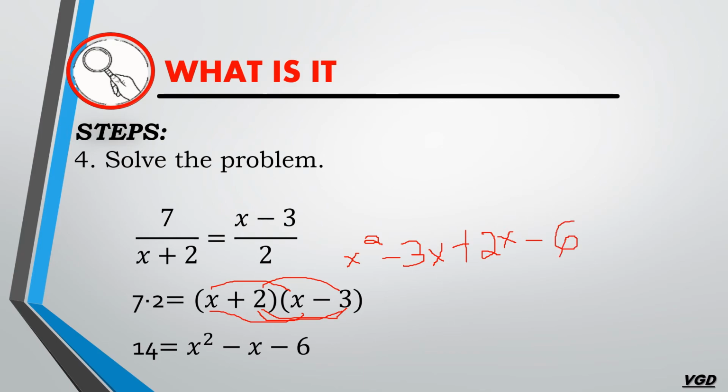As we combine like terms, we got x squared, and -3x plus 2x, the remaining is -1x, or simply -x. That's why we got x squared minus x minus 6.